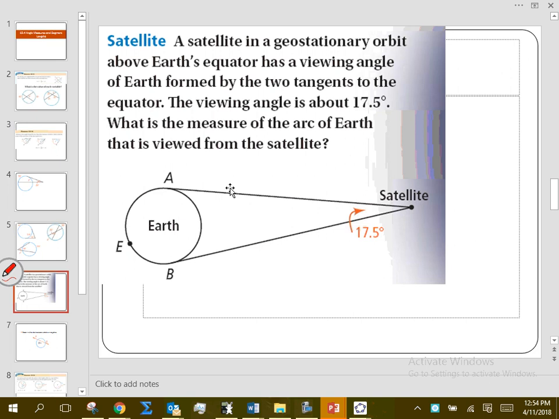So let me see here. Let's see if I've got a sphere. Okay, sphere, right?